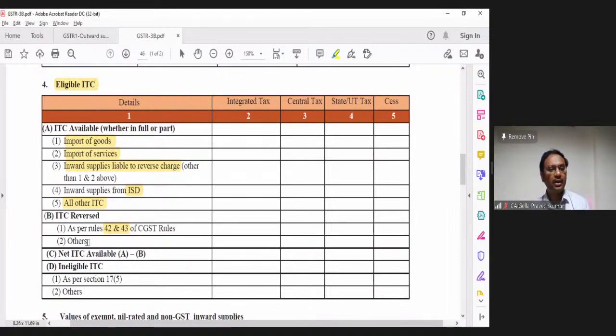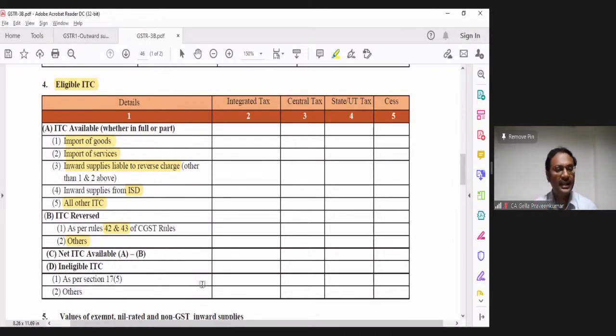There is something called others. So what do you mean by others? Debit note. During the month, I have purchases which was written back to my supplier. I have received purchases. That purchase, because of quality issue, I have written back to my supplier. So I'll say ITC reversal others. Or I have accounted credit of 15,000 instead of 12,000. Again, I'll reverse that under others.